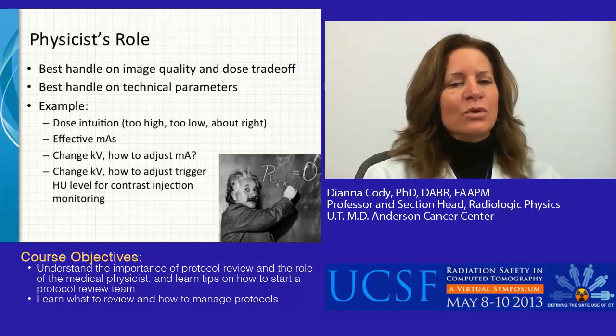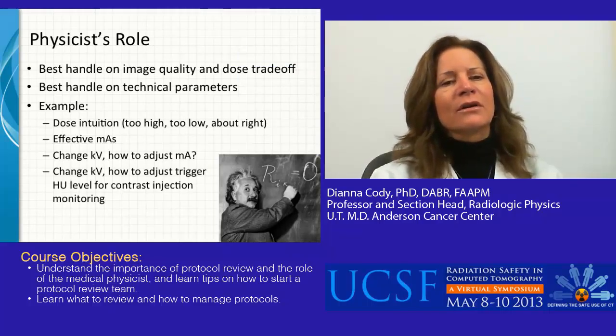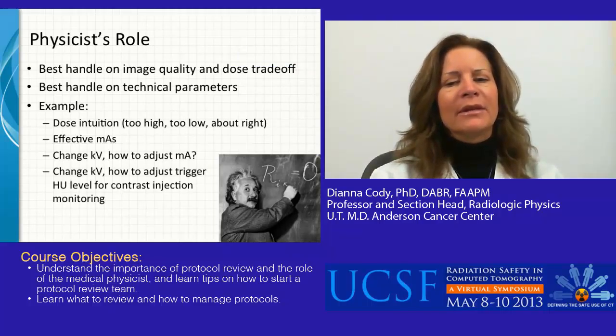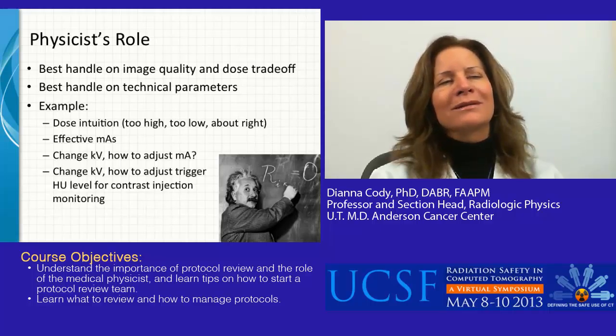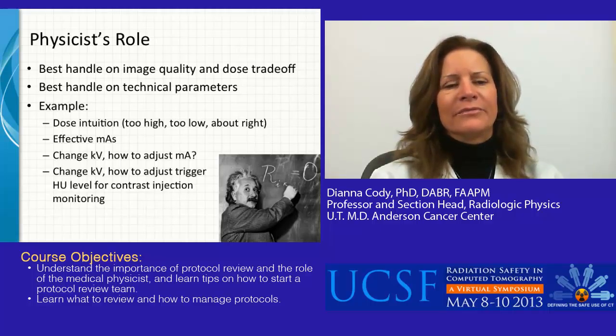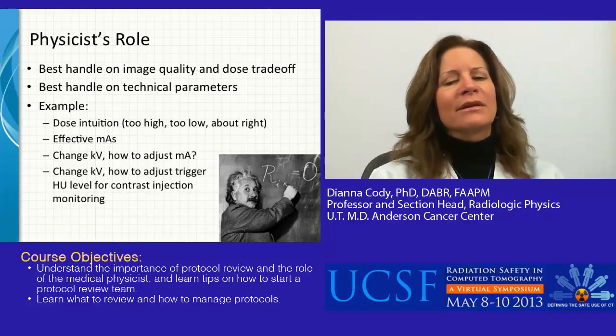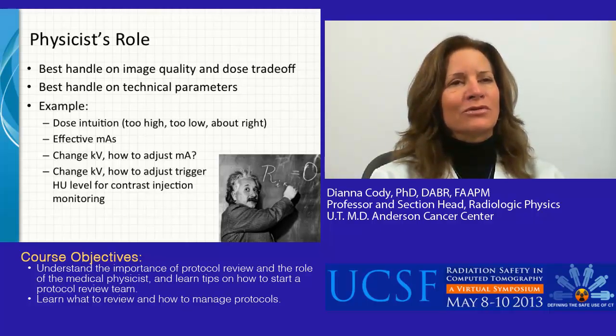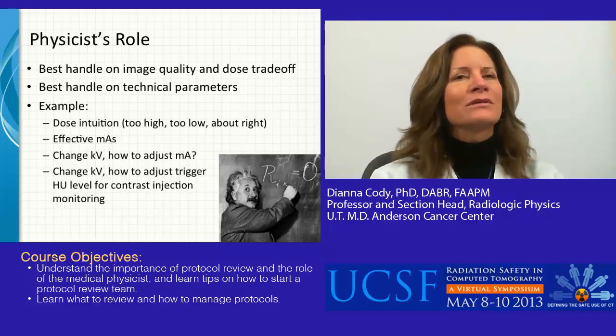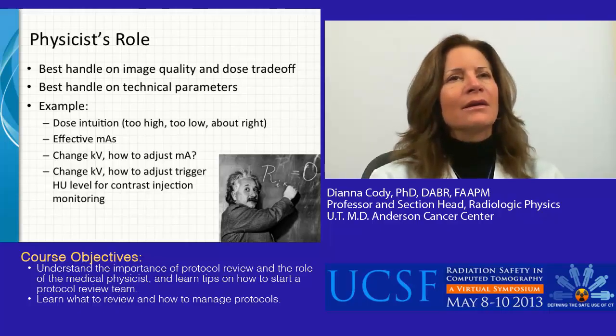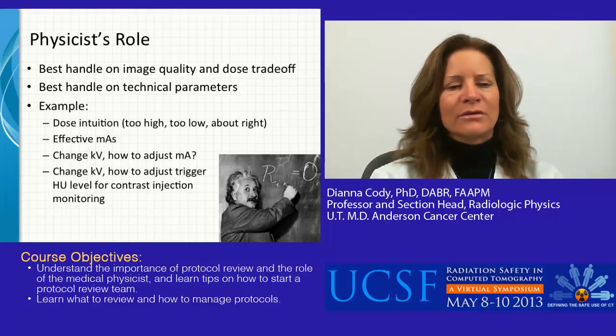The physicist's role in this particular committee is that they tend to have the best handle on the image quality and dose trade-off. They tend to have the best handle on the technical parameters, what they mean, what are reasonable ranges, and how do they interact with each other.